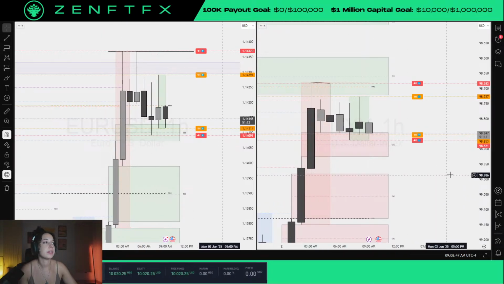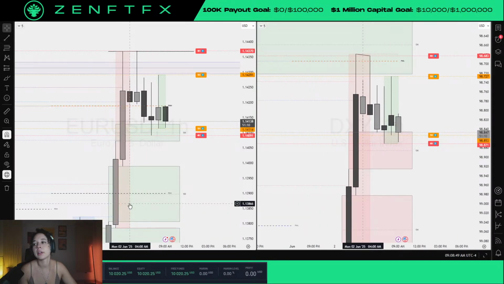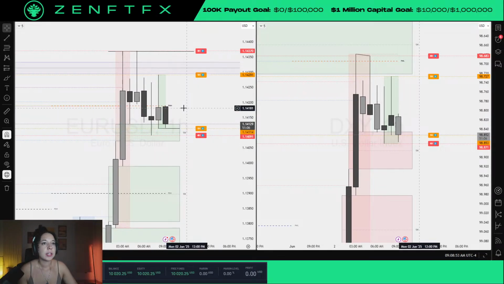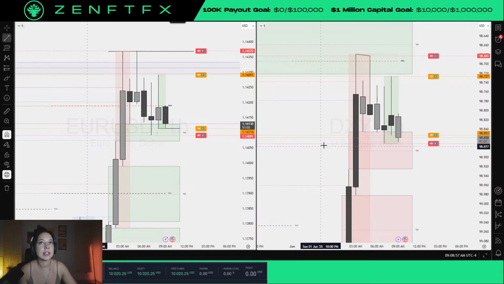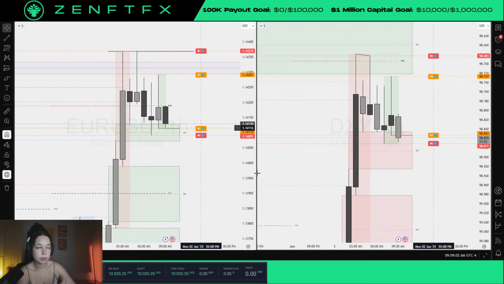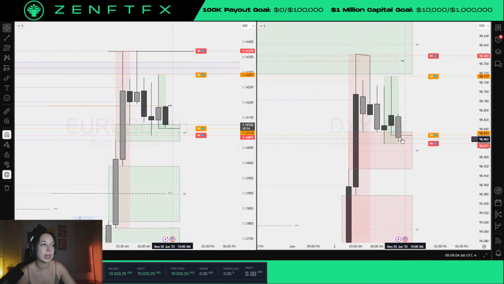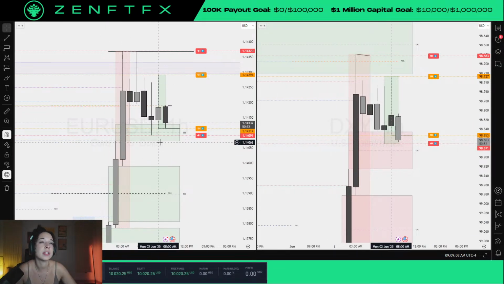Okay, so this is something that's interesting for me here. We got this hourly low here that was not taken out on Euro USD. It's marked out by this orange indicator. The hourly low was taken out on DXY, but it wasn't taken out on Euro USD. Additionally, we're in an hourly fair value gap that we continue to reject.